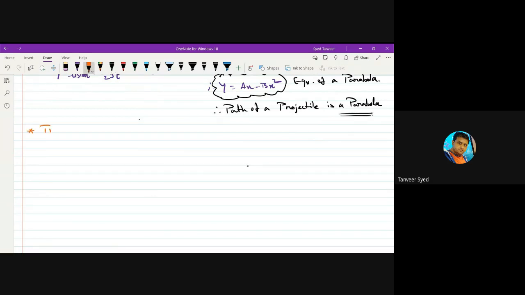Next, going further. Time of flight, capital T. We denote this with capital T. What is this time of flight? As the name itself says, it is the total time spent by the projectile in air.